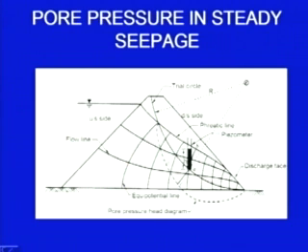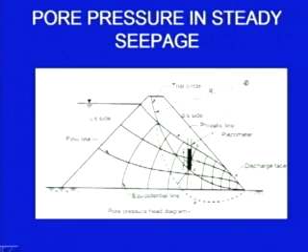So, suppose we want to get the pore pressure at this place, let us say point A. So, what we do is we draw the equipotential line passing through that point.